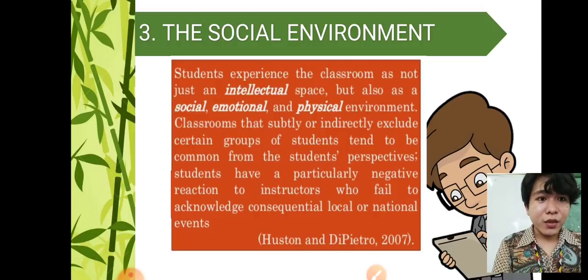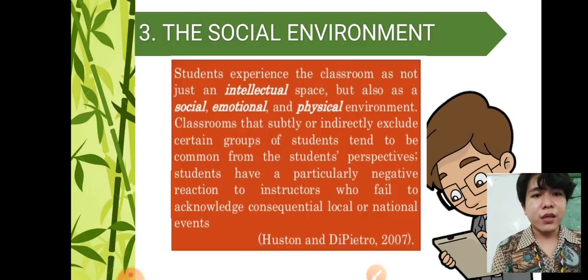Classrooms that subtly or indirectly exclude certain groups of students tend to be common from the students' perspectives. Students have a particularly negative reaction to instructors who fail to acknowledge consequential local or national events.